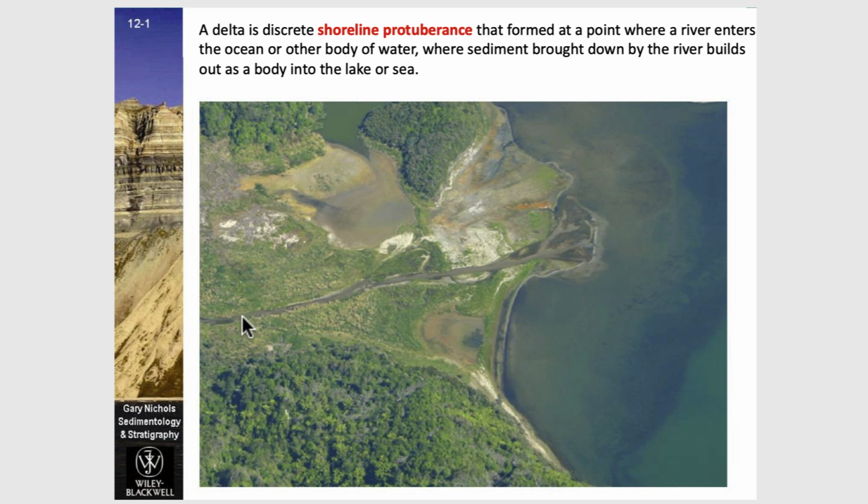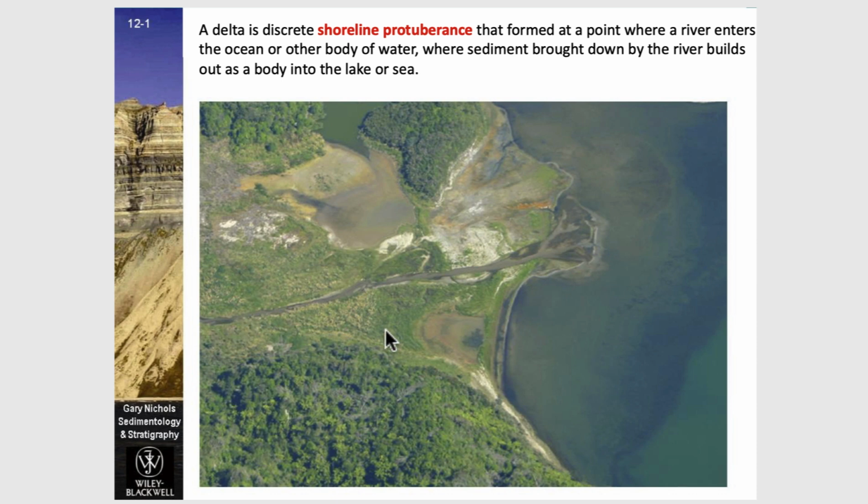So usually the longer the river system, the finer the fractions that are deposited. One good example is the Mississippi River that goes across the United States and enters the Gulf of Mexico. So in those circumstances you have very muddy materials that are deposited.